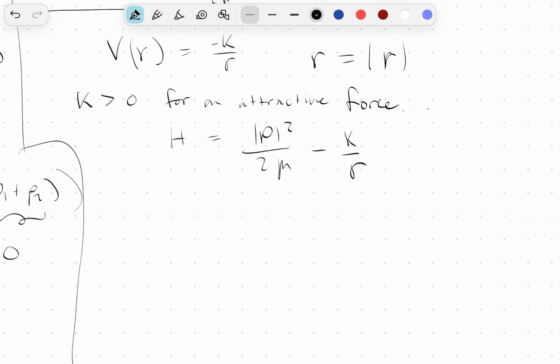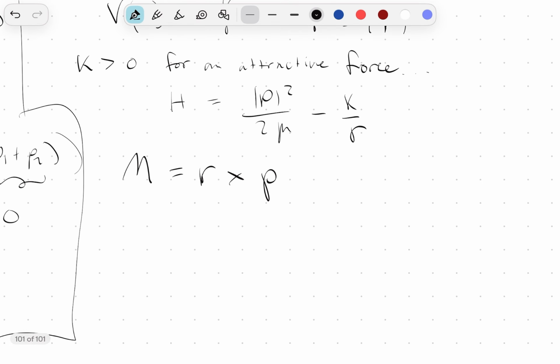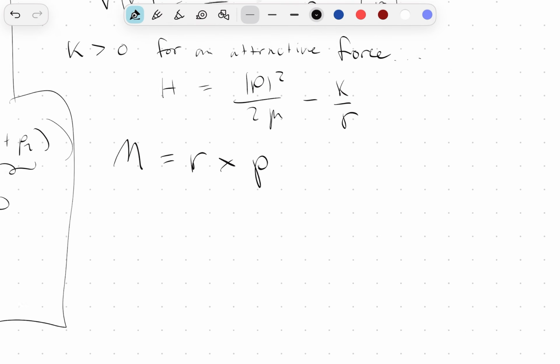So if we have an angular momentum vector, the conserved quantity for the angular momentum vector is the cross product of the r and p canonical coordinates.